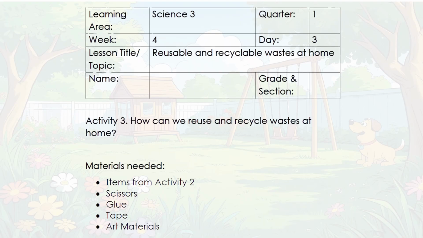Let's do the activity. We have here activity number 3. How can we reuse and recycle waste at home? Materials needed: items from activity number 2, scissors, glue, tape, and art materials.